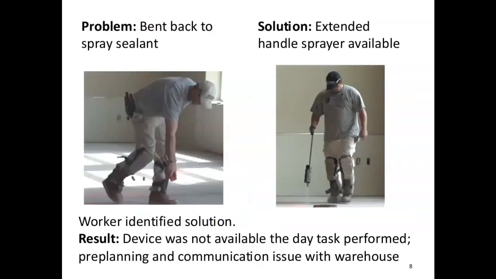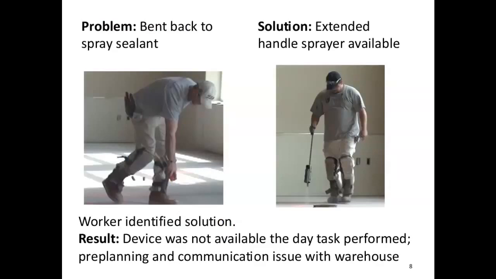These are some examples of problems and solutions that I discovered on a previous project. Up in the left side, we see an individual who's actually spraying a sealant on grout in a large area. This was a large dining area, and in order to do that, he had to bend his back to reach and position the sealant.